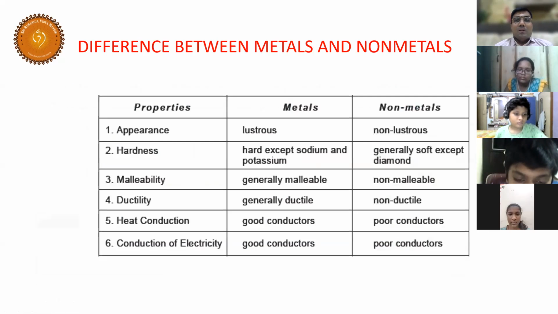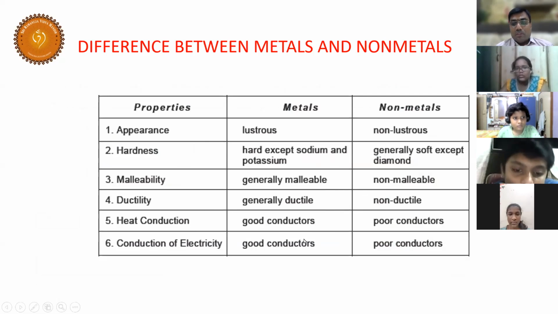Right? You have already seen the properties of metals and non-metals; I am just recapping once. Appearance: metals are lustrous, non-metals are non-lustrous. Hardness: metals are hard, non-metals are generally soft. Malleability: metals are malleable, non-metals are non-malleable. Metals are ductile, non-metals are non-ductile. Metals are good conductors, non-metals are poor conductors, for both thermal conduction and electrical conduction.